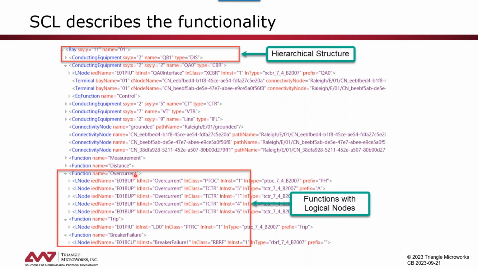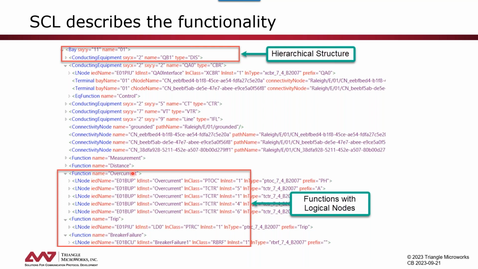In the substation section, we can as well describe functions, hierarchically structured functions, like an overcurrent function with the sub-functions and logical nodes associated, like the overcurrent element, the measurement, the current transformers, where we get the signals from. In this case, they are also grouped here under the overcurrent function.